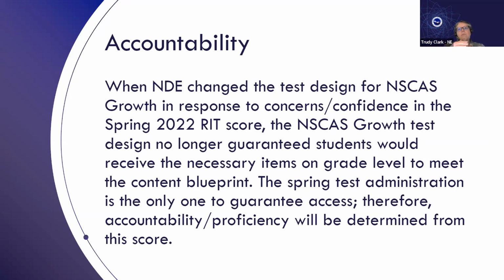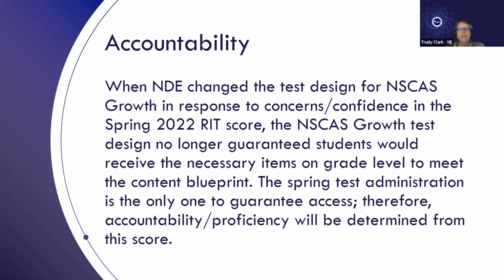And then we removed the floor. So basically, a student could go as low as they needed to go to get the items that were going to help diagnose or come up with a RIT score. Because we changed that test design to make that change in the diagnostic, in the growth RIT score, the NSCAS growth test design no longer can guarantee that students are going to receive the necessary items on grade level to meet the content blueprint.